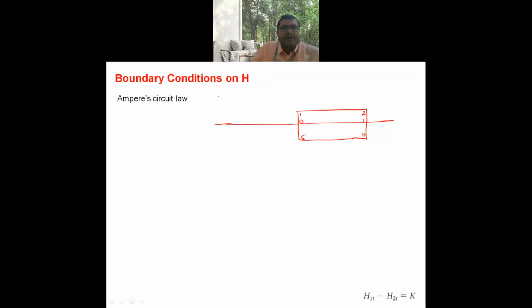Now let it be medium 1 and medium 2. Magnetic field intensity in medium 1 is represented by H1. Its tangential component is HT1. Its normal component is HN1, where H1 is the combination of HT1 and HN1. That is, the tangential component is in this direction. The normal component is in this direction.